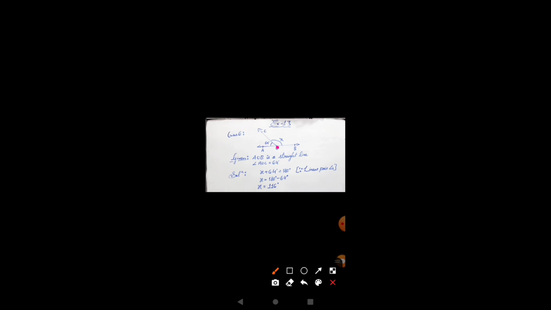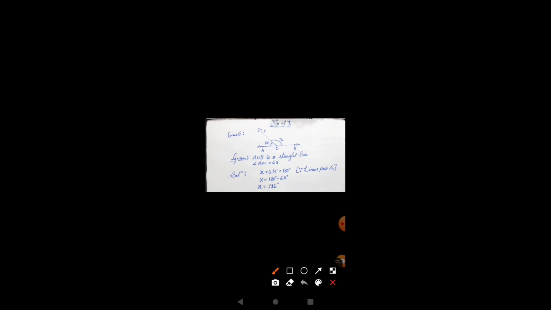The second thing, the non-common arms are opposite rays, going in opposite directions, right? And the second thing, forming a line, as I told you in the simple way, if the non-common arms are forming a line, so we can say the angles are forming a linear pair. These are linear pair angles.